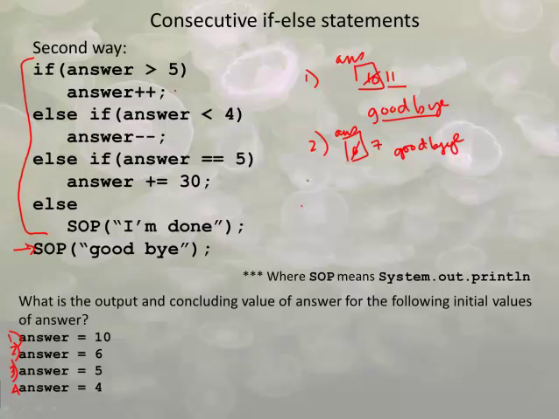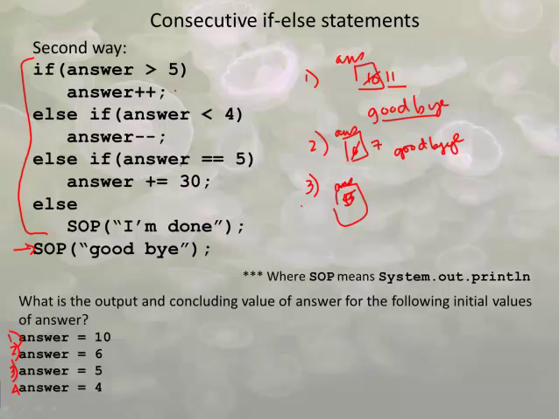Okay, let's look at number 3. Here's the value of answer. It is 5. Answer strictly greater than 5, false. Else answer less than 4, false. This does not occur.